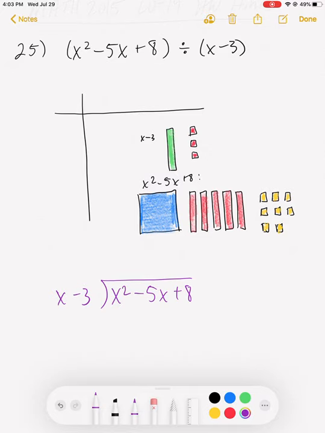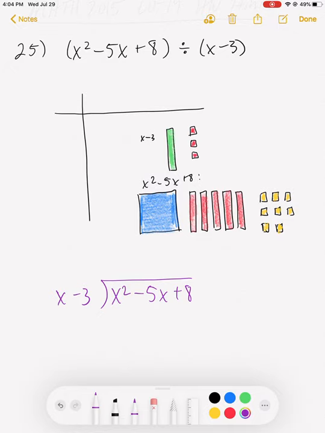The second step is to take all of my algebra tiles that are drawn out here and arrange them in a way that I can make a rectangle with x minus 3 as one of the dimensions of the divisor. So either the vertical or the horizontal dimension, and in this case you can do either.